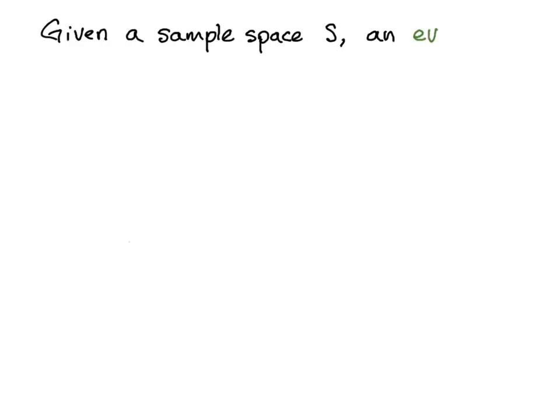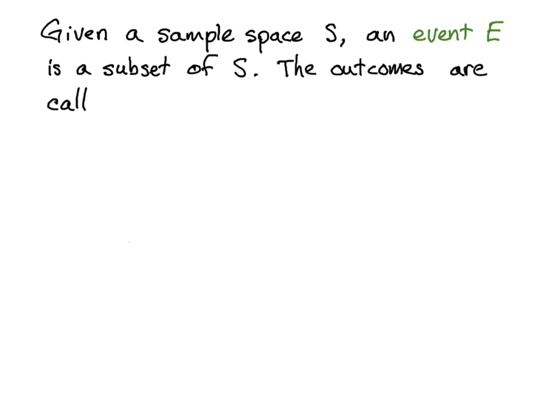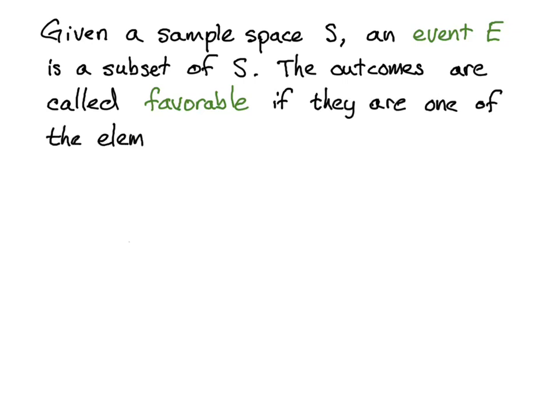So given a sample space, we call an event some subset of S. The outcomes are called favorable if they're one of the elements of the event E that we're looking for.